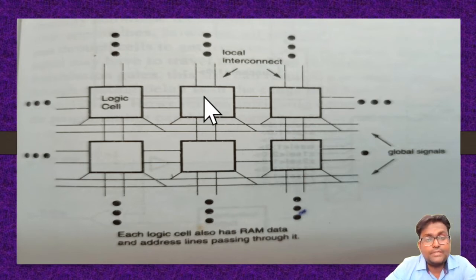We know how we can implement RAM. For implementation of RAM, there are some word lines and some bit lines, and when there is an interconnection between a bit line and a word line, then a memory cell is formed. So for making a RAM, various row lines as well as bit lines pass through each logic cell.